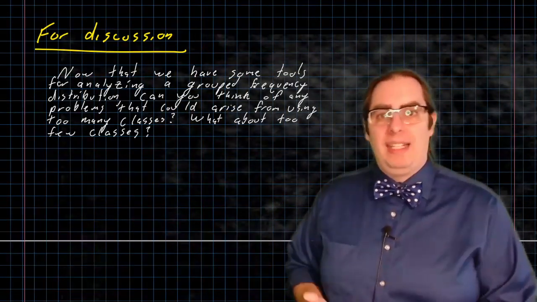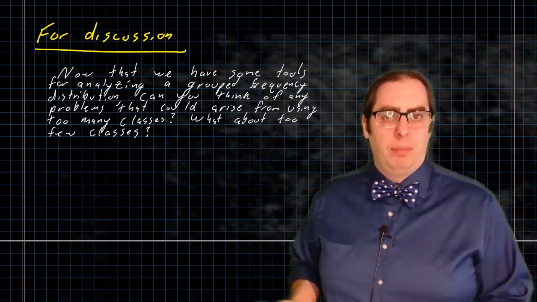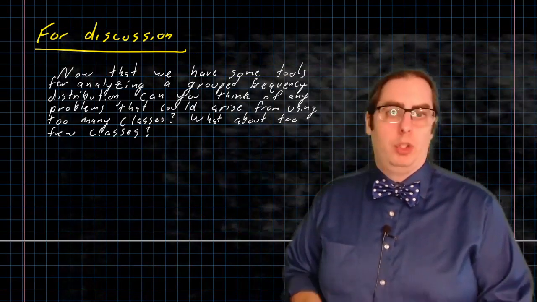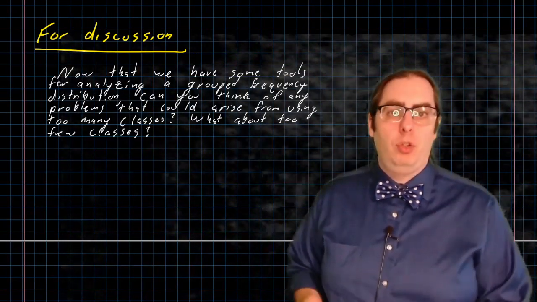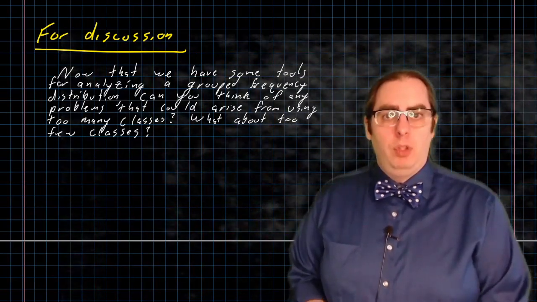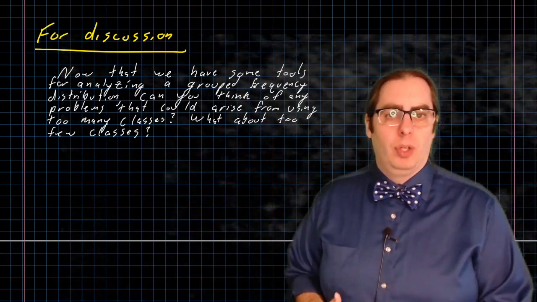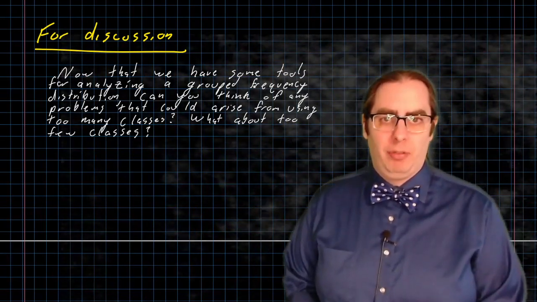How could that negatively affect your histogram? What kinds of things would you be looking for to determine that that is what happened? Or what about too few? If you use too few classes, how could that negatively influence your histogram or any of the other tools that we've talked about so far?